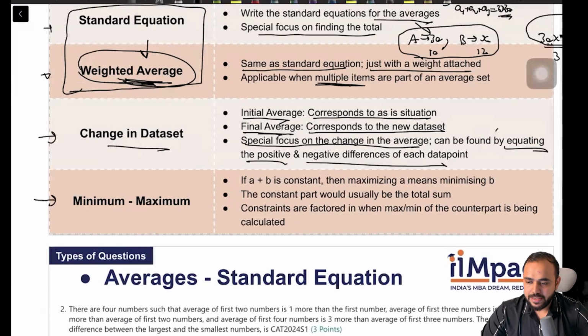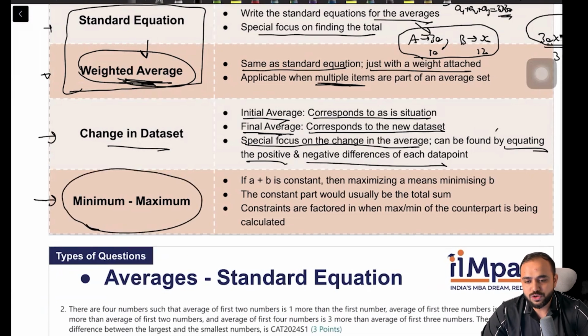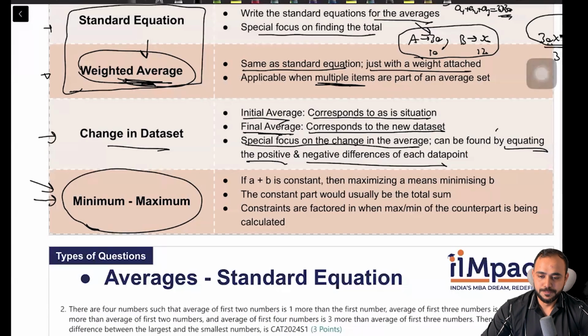Finally, the last category. This is probably 60 to 70% of averages. Most questions are generally asked from this particular topic area, which makes it a bit of a situation for us, because minimum and maximum by design are things we are very wary about, because there are chances of making mistakes.